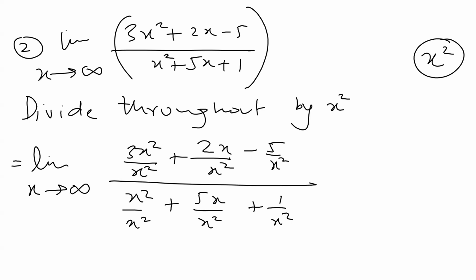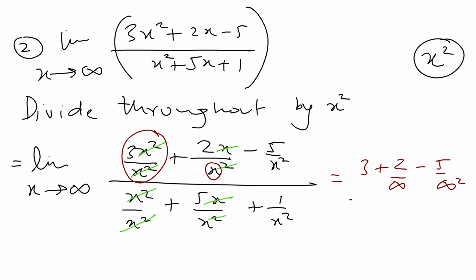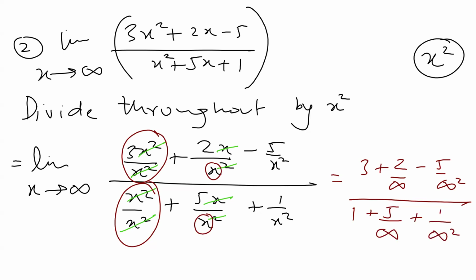Okay. Some cancellations. So this is 3 plus 2 upon infinity because there is one x left over here. Minus 5 upon infinity square. This is 1 plus 5 upon, there is one x left over here. So put x value as infinity, plus 1 upon infinity square. So 1 upon infinity square also will be 0.